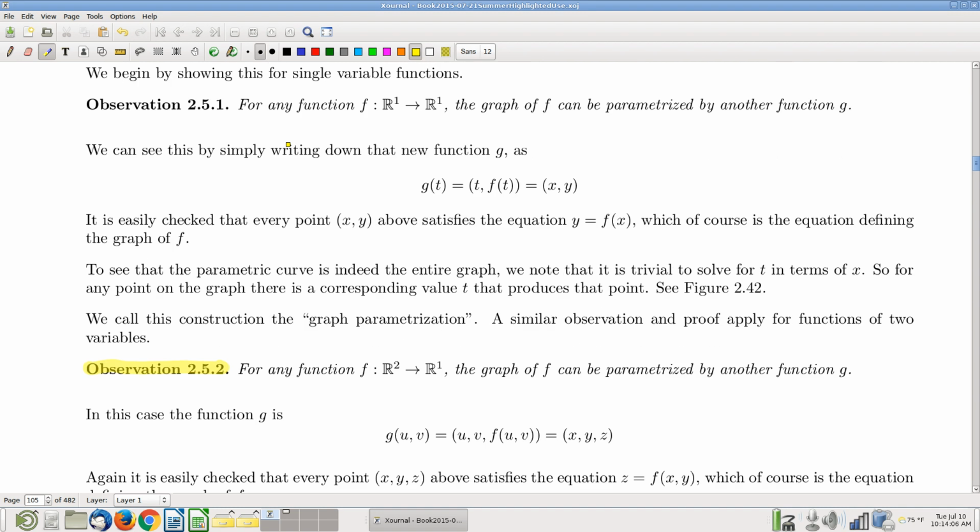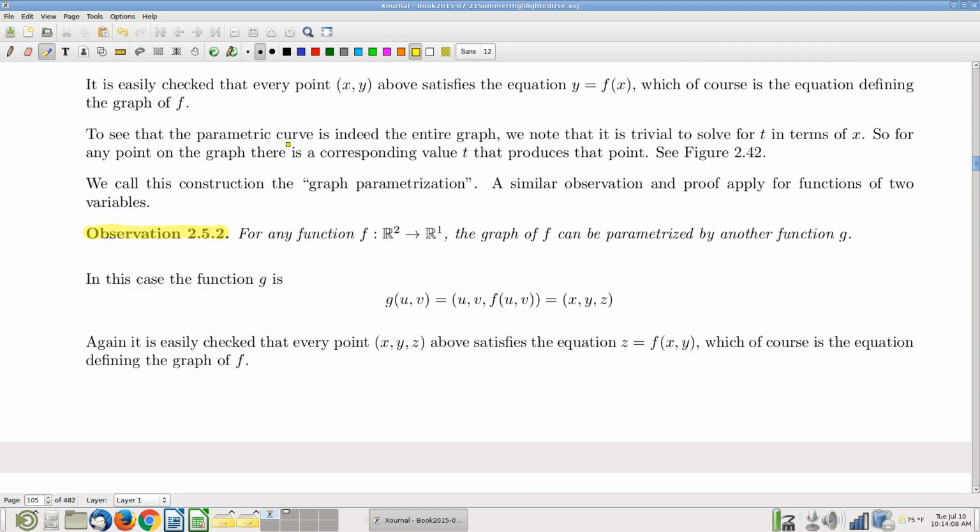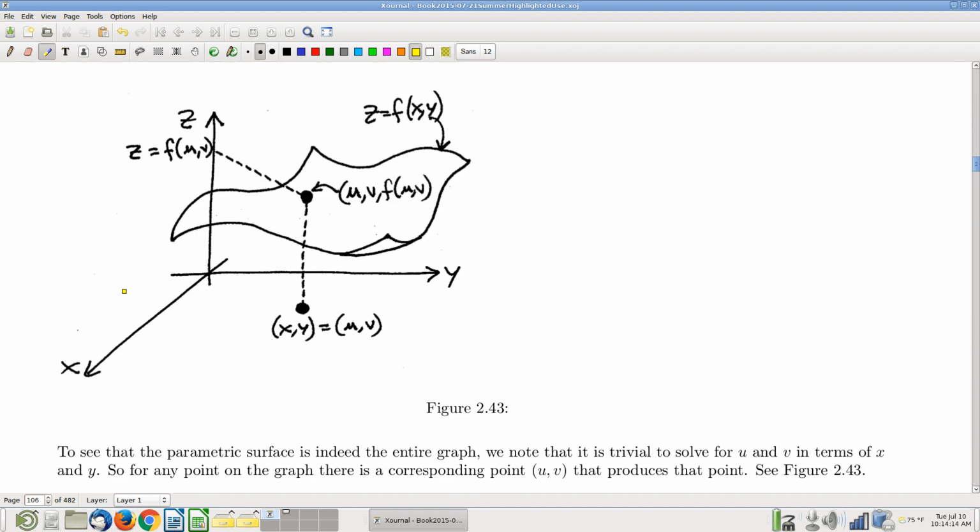Okay. Similar deal to parameterize a surface. If you have a surface that is a graph, well, I mean, z is what that means. If you say this surface is a graph, that means z is a function of x and y. That's what graph means. Graph means we're setting a function equal to a new variable z.